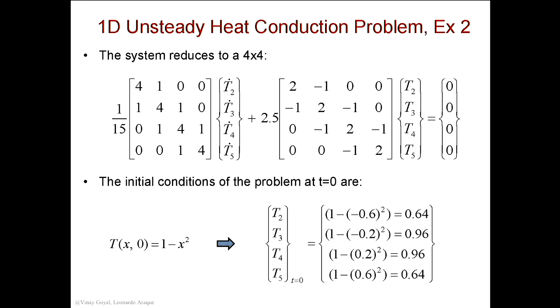We know where node 2 is. If it's equally spaced, you know where nodes 2, 3, 4, 5 are. The location for node 2 is minus 0.6. For node 3 it is minus 0.2. I evaluated that, and I got the values of temperature between minus 1 and 1. So these are the values of temperature at t equals 0, and my goal is to find the temperature as I move forward in time. That's the question we have at hand.